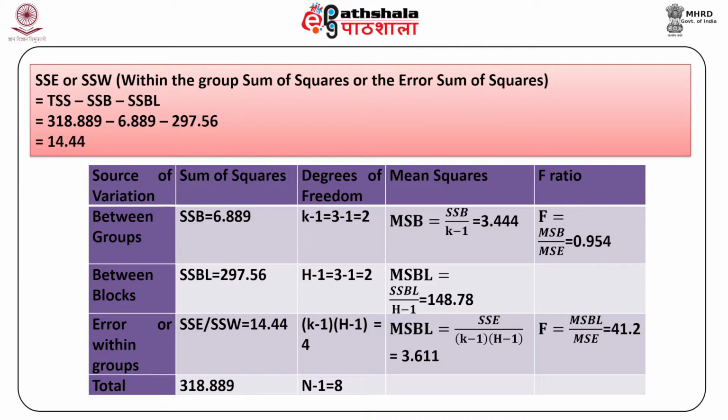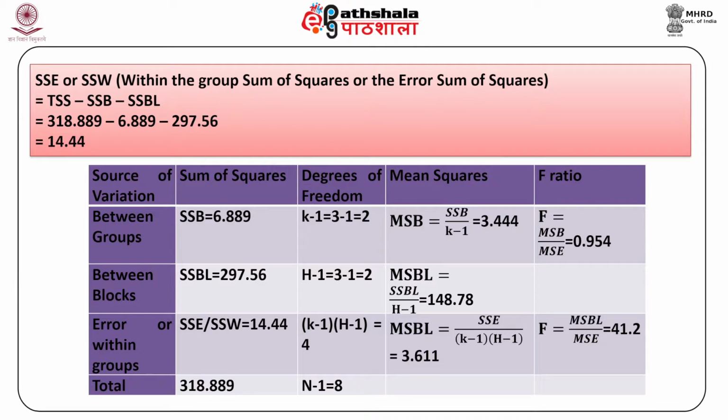Now in the next column, we have the mean squares, which are obtained by dividing the sum of squares by the degrees of freedom, and you have the corresponding values. Let me now concentrate on the last column, which is the F ratio. The first F ratio is equal to MSB upon MSE, and what we obtain is 0.9, because we have substituted the value of MSB equal to 3.444 and of MSE equal to 3.611.